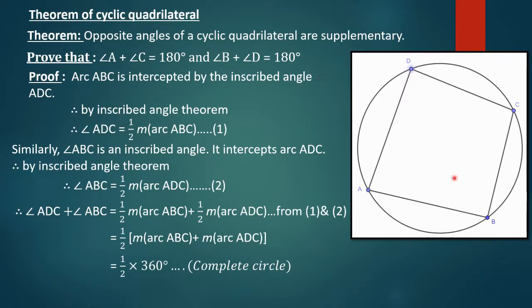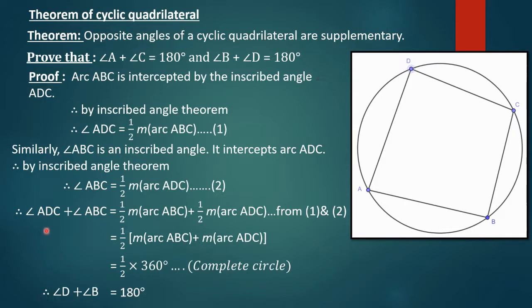If you notice in the circle, arc ABC plus arc ADC forms the entire circle, and we know that the measure of a complete circle is 360 degrees. Therefore, we replace this by 360 degrees. So we get half into 360, which is 180 degrees.